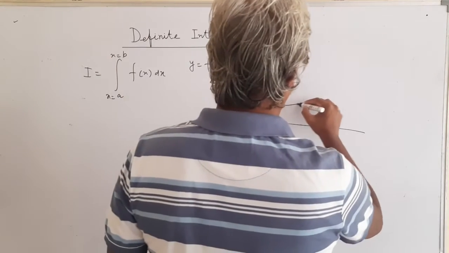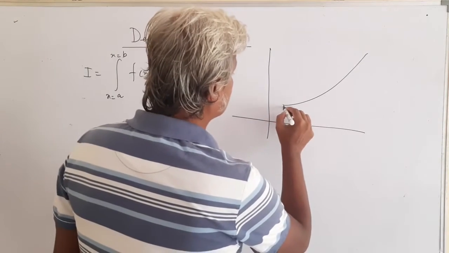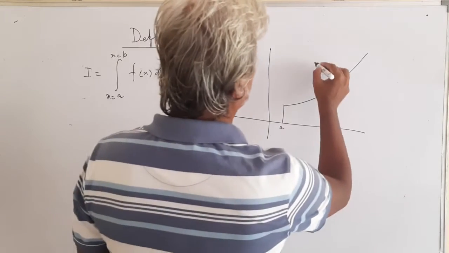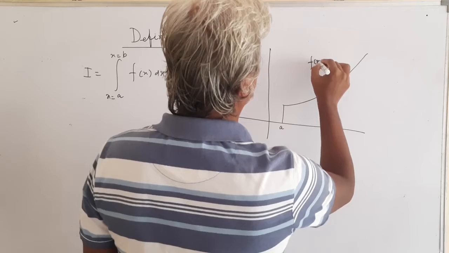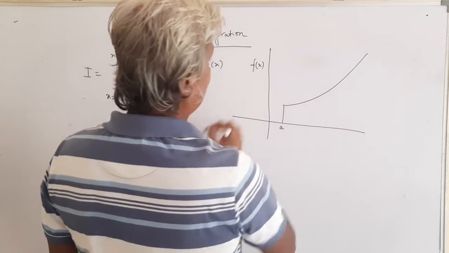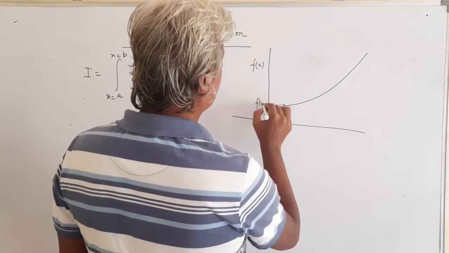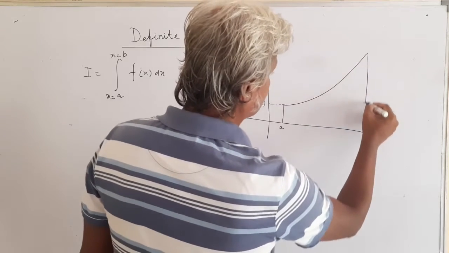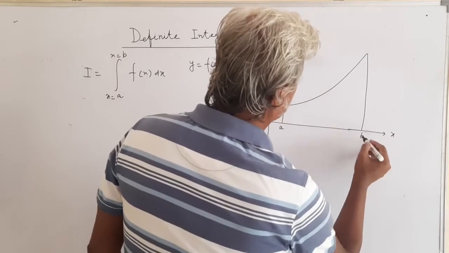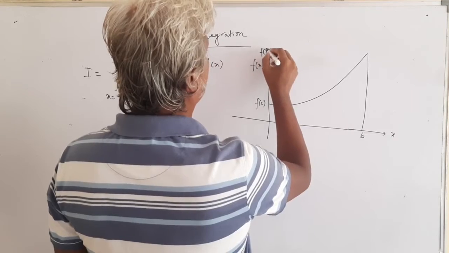Now suppose it is plotted like this, and the value of x is a, this is the lower limit, and here I write f(x), then this value will be your f(a), and I say this is my x, this is my b. So this value here will be f(b).